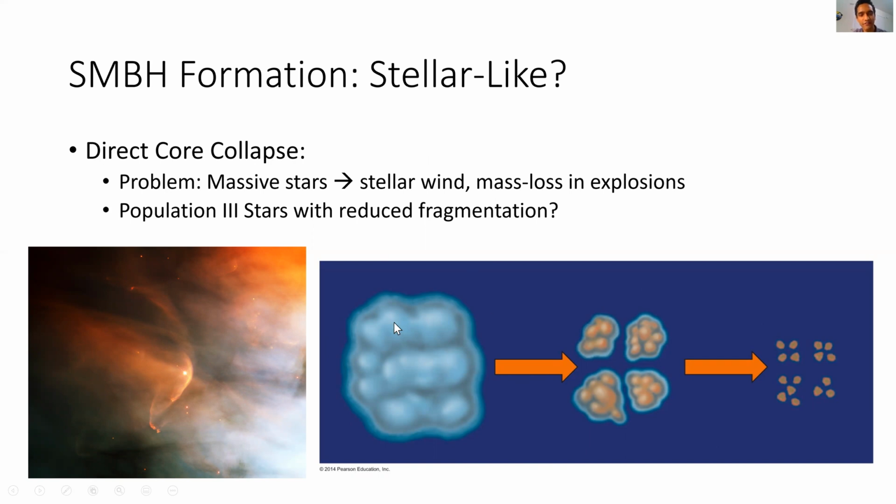But if you have a sufficiently old star in the early universe, there was mostly just hydrogen and helium, because a lot of the other elements came from stars, right? From fusion in stars. So if you have a sufficiently pure gas, then you can have a situation where this entire cloud forms into one single star without too much fragmentation.